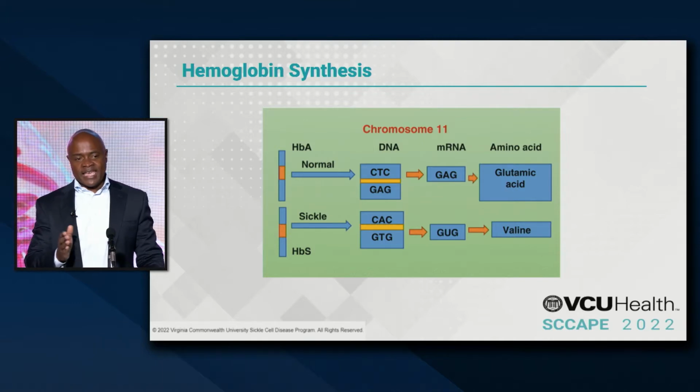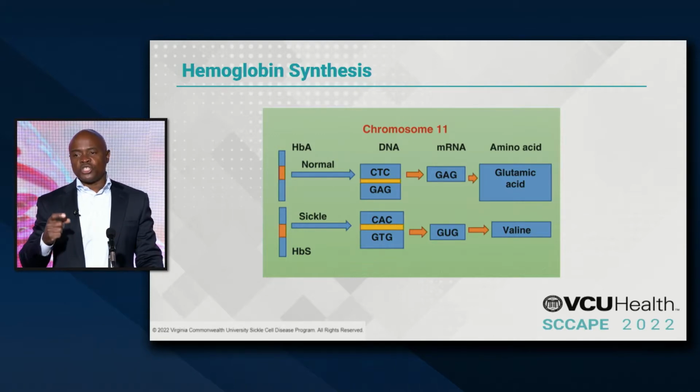I said that the DNA is basically these repeating sequences of these nucleotides, these nitrogen bases that spell out a message. With sickle cell disease, there is this genetic abnormality that changes at one point this message. It changes one of those nucleotides.